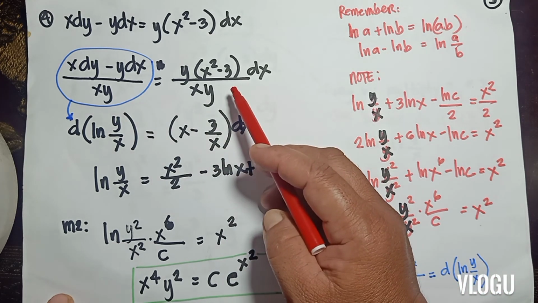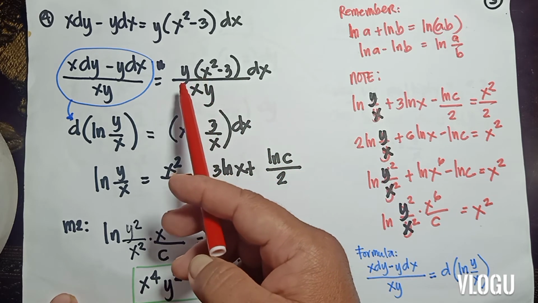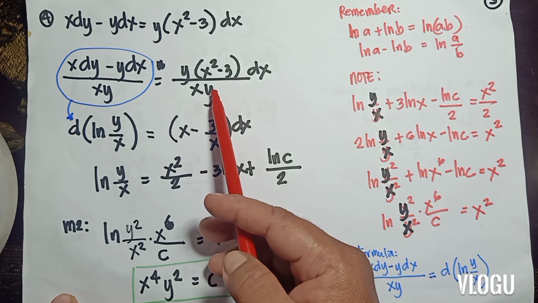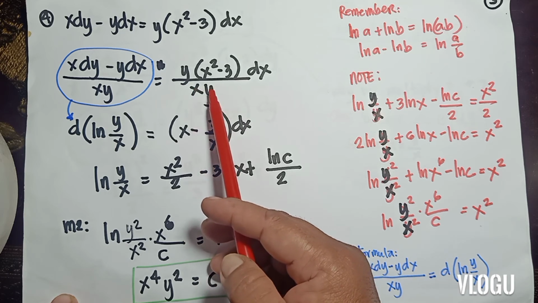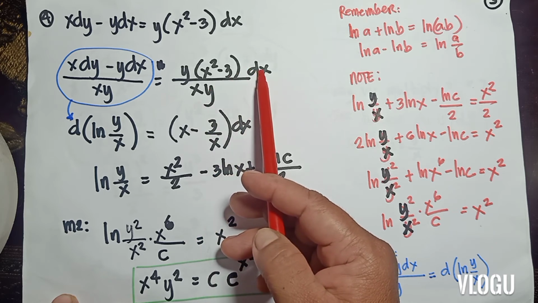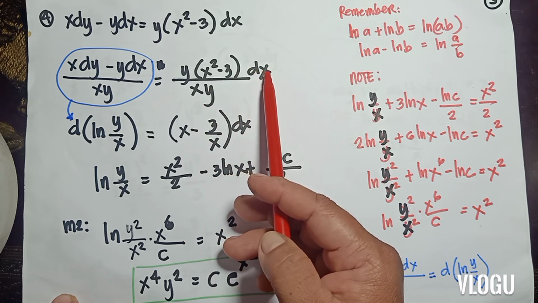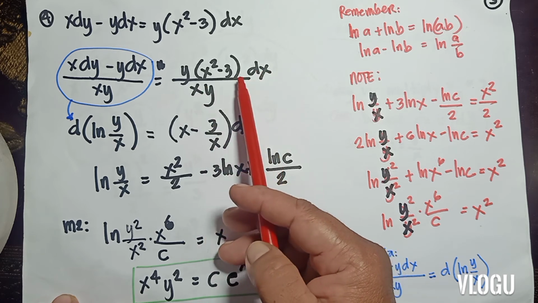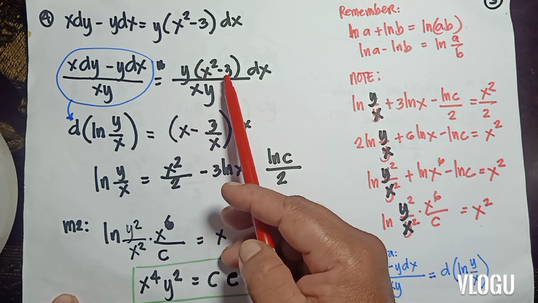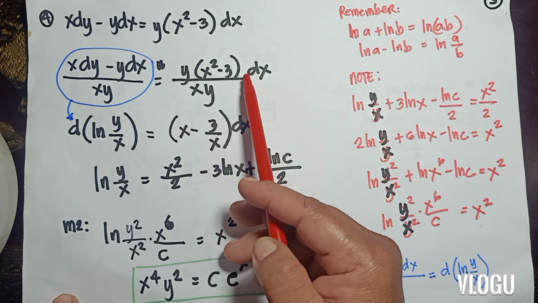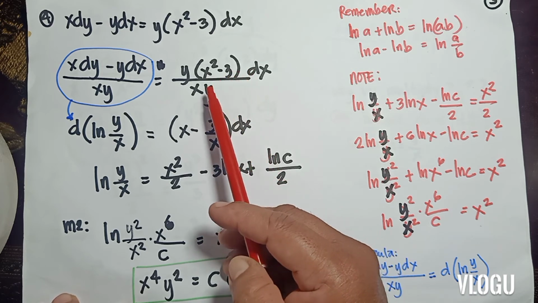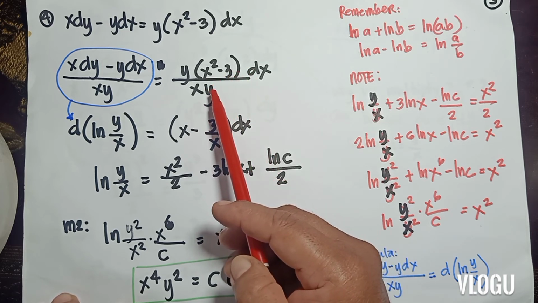So, here, we have it over xy, because dx here means your variable is x. So we divide by y so that we can cancel y and proceed to integration. That's the important thing. We will have a single variable at this side so that we can proceed to integration.